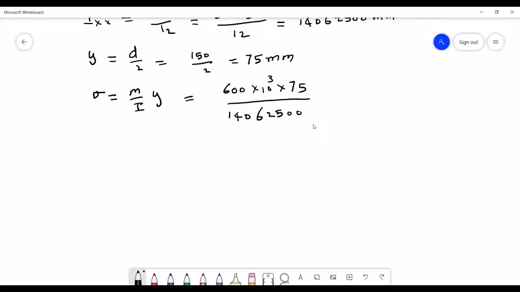So we are getting the answer as 3.2 Newton per millimeter square.